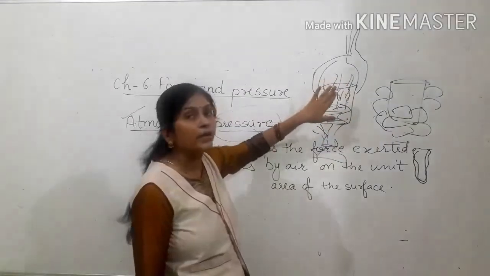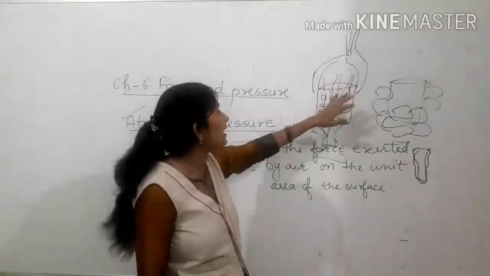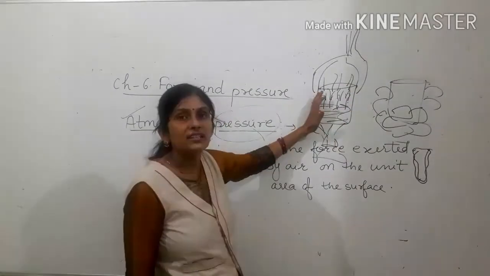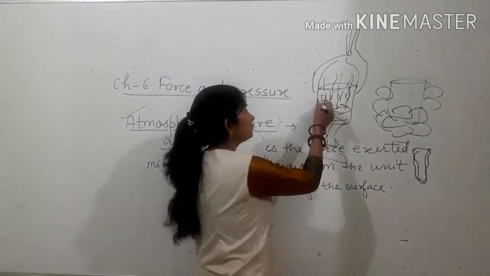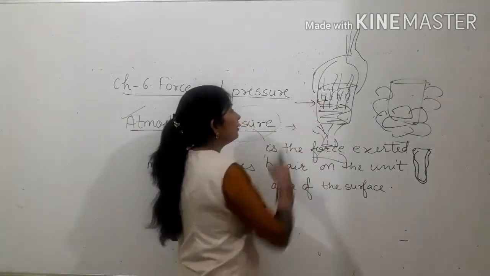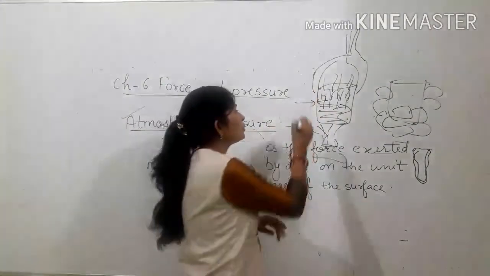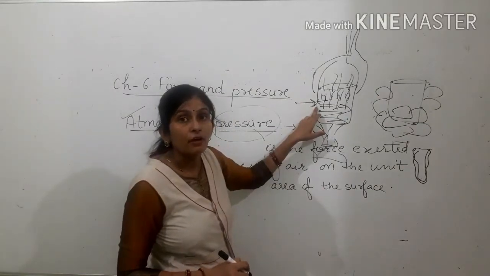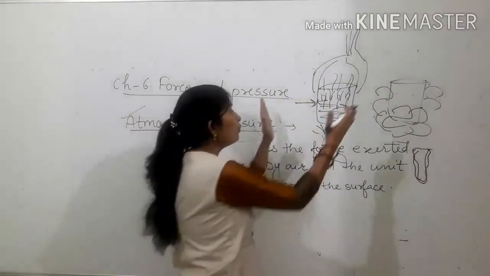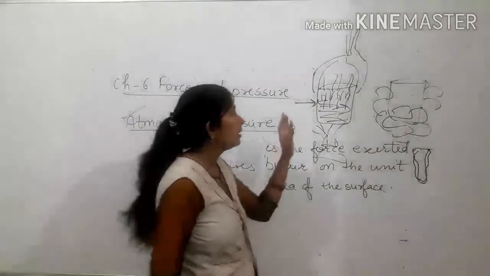Now there is no air, only steam is there. That steam applies pressure on the surface of the tin can from inside, and air outside the tin can also applies pressure on the surface of the tin can from outside. So both these pressures balance each other.